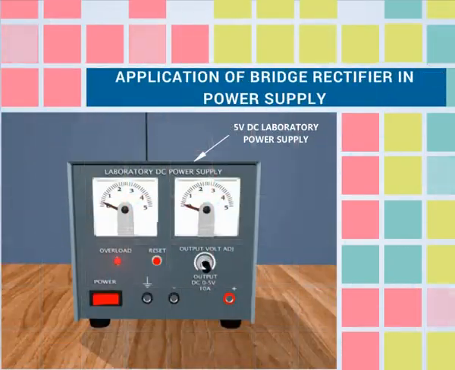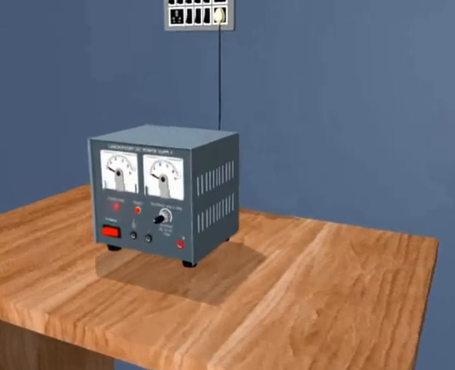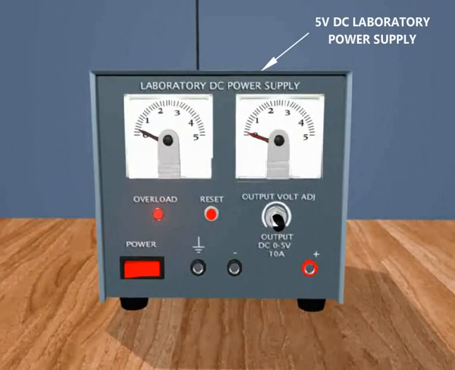Application of bridge rectifier in power supply. In this video, we are going to see about the application of bridge rectifier in power supply. This is a 5-volt DC laboratory power supply.